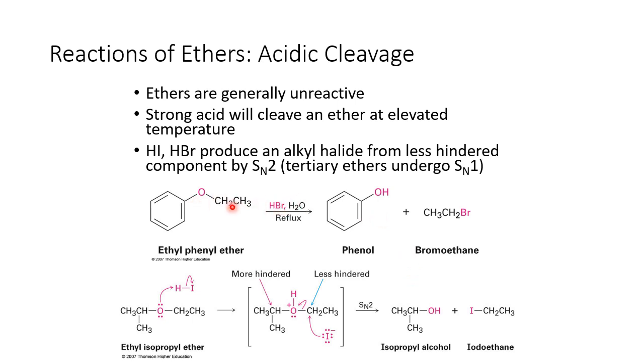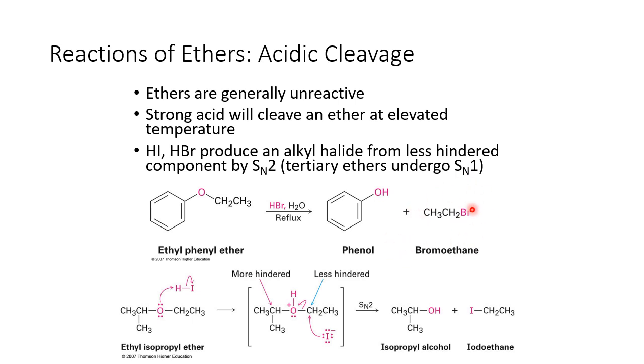The bromine here came with the ethyl here, and the oxygen came out with the phenyl ring to give us the phenol. So this is a reaction to cleave your ether back to the alcohol and the alkyl halide. What did we do? We added HBr to the ether, and it gave us the alcohol plus the alkyl halide, which is bromoethane.